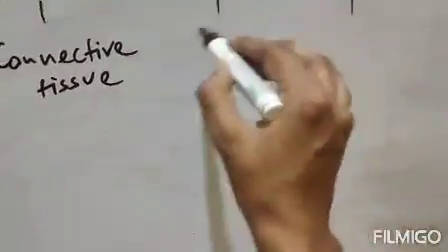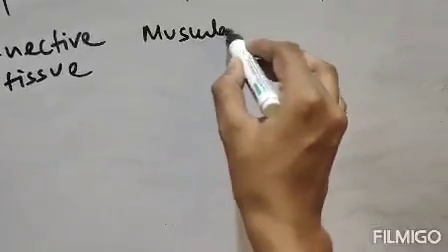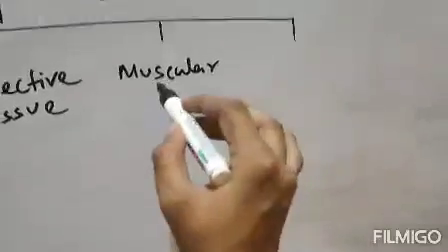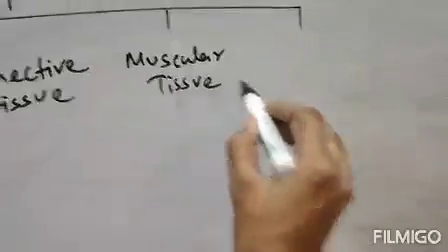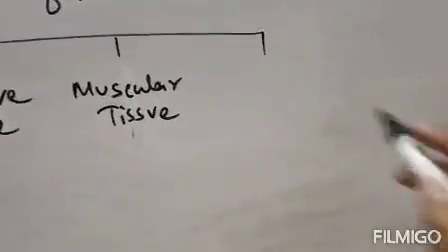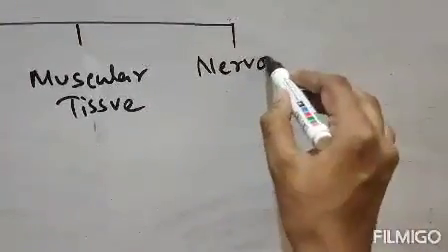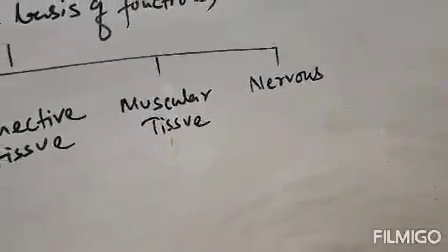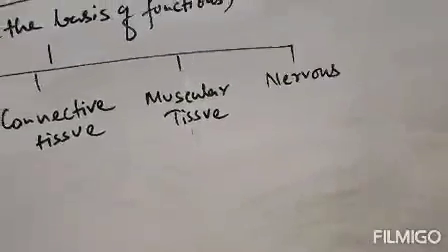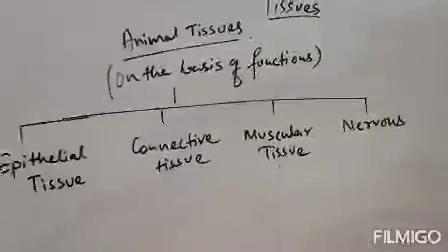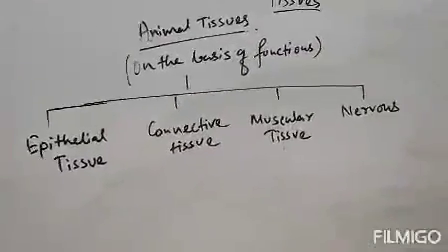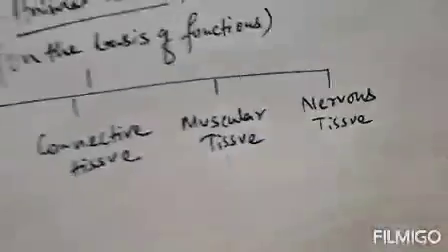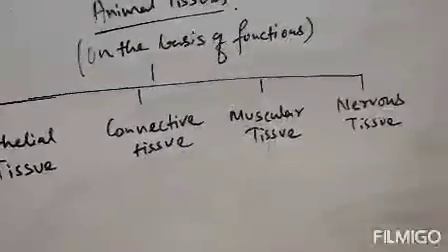Third is muscular tissue. And the last, fourth, is nervous tissue, or simply nervous. Clear? So in total there are 4 tissues: epithelial tissue, connective tissue, muscular tissue and nervous tissue. Now we will discuss each of these one by one.